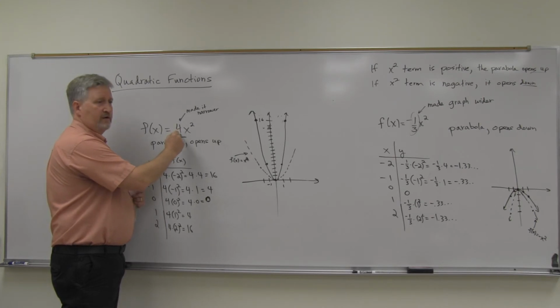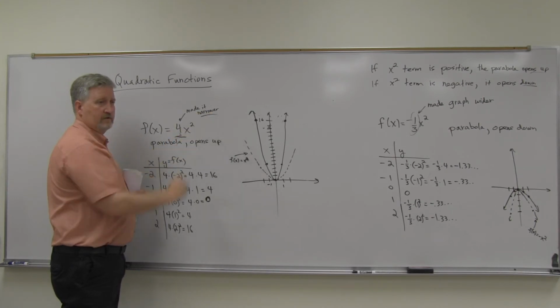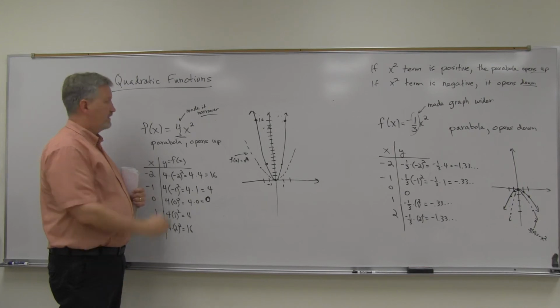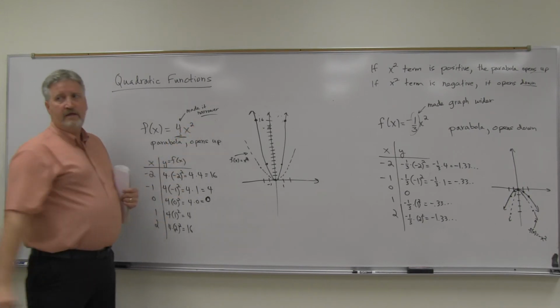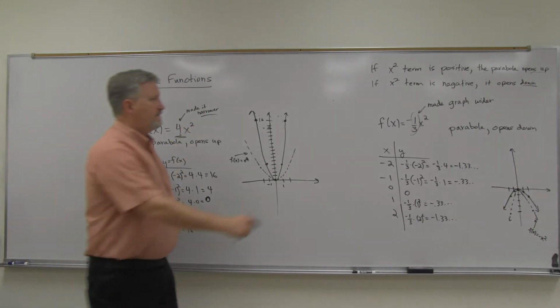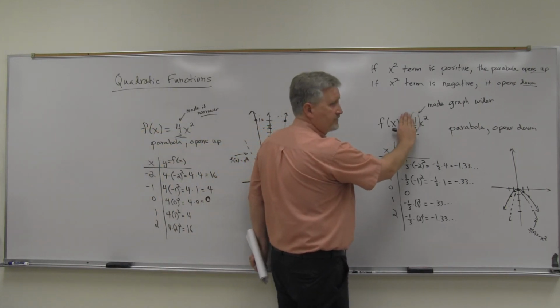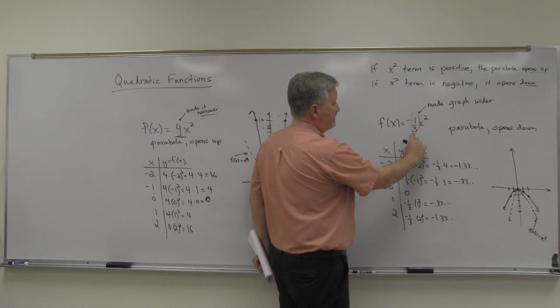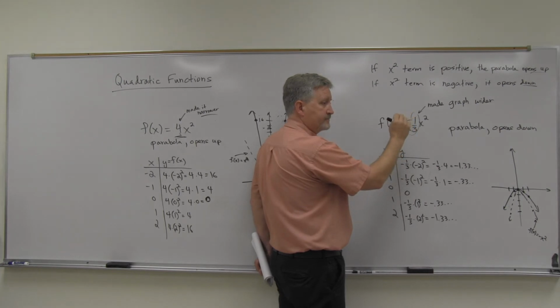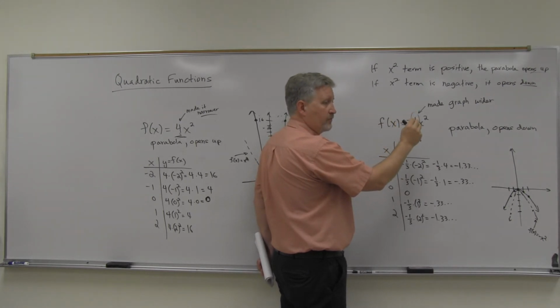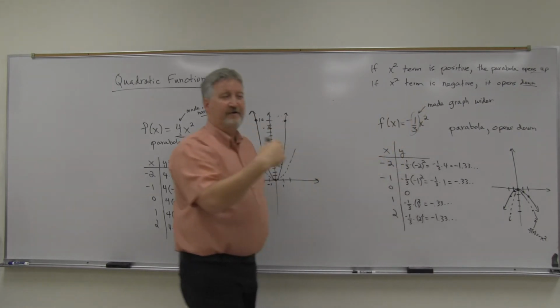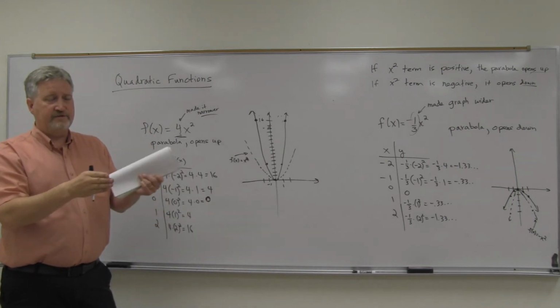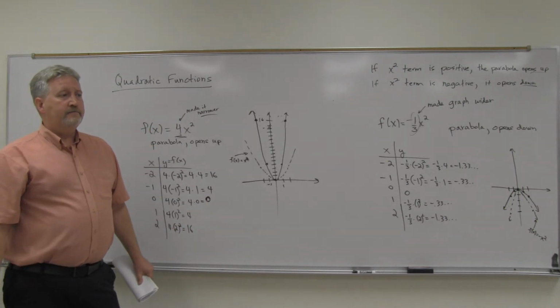This is bigger than 1, so it made it narrower. If that number is bigger than 1, that makes it narrower. If that, ignoring the negative for this part, is between 0 and 1, it makes it wider. In other words, a fraction or a decimal between 0 and 1.